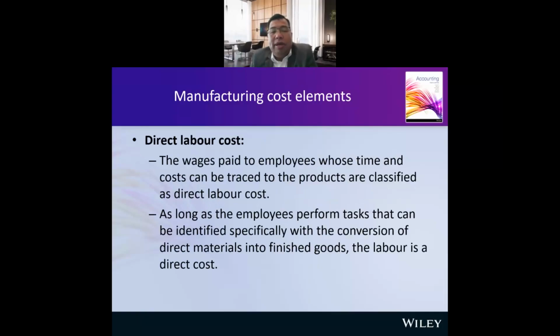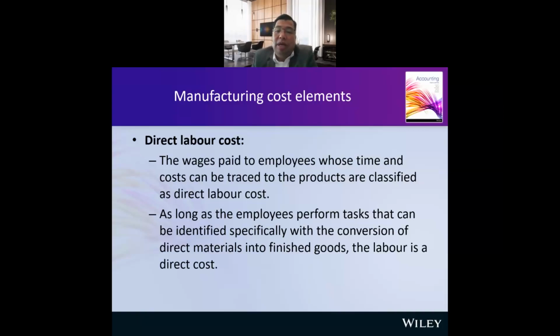So direct labor is the wages paid to employees whose time and cost can be traced to the product. Direct labor is those who devote their time directly to completing the process, so it is known as direct labor cost. Normally these are the factory employees. As long as the employee performs tasks that can be identified specifically with the conversion of direct material into finished goods, the labor is a direct cost.